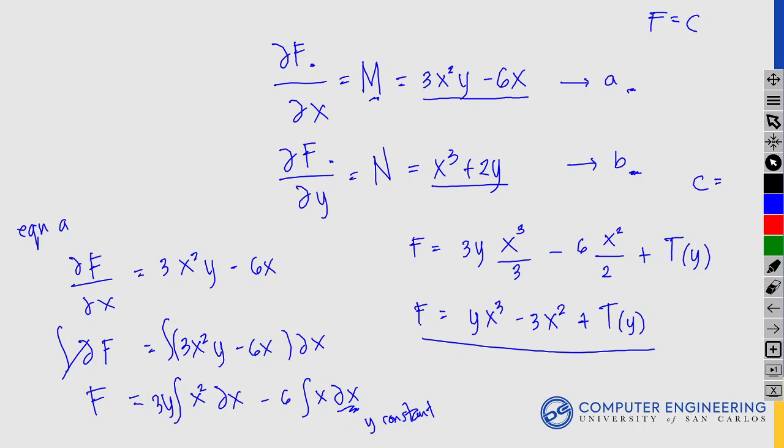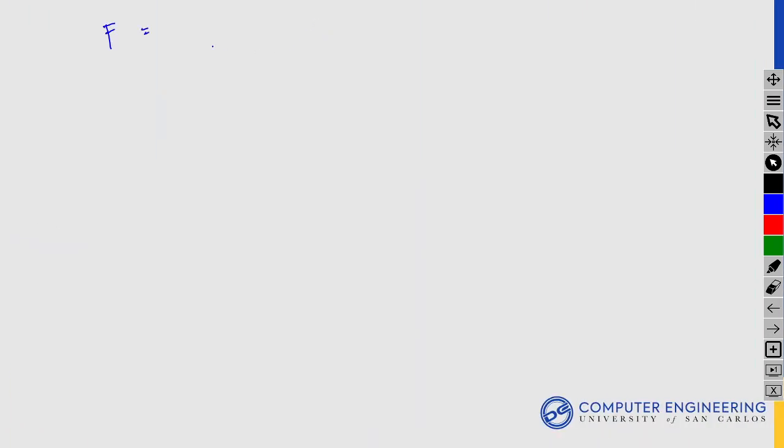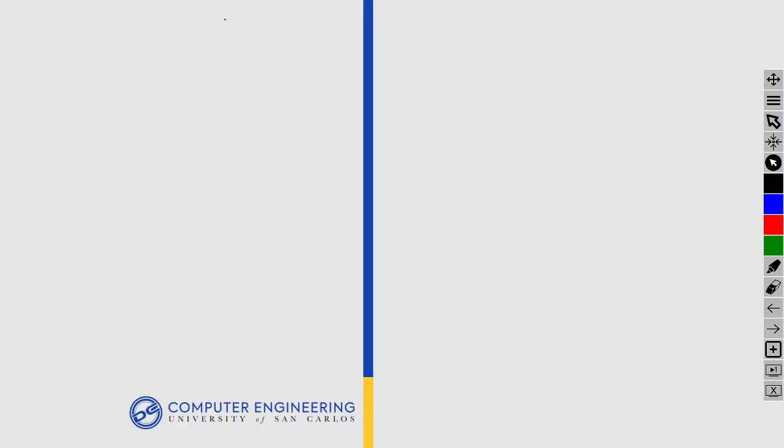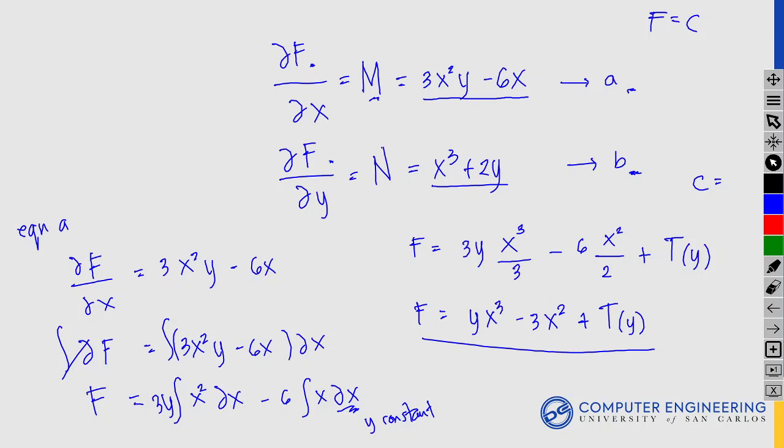So if we take the partial derivative of f, we know f as the previous equation, y x cubed minus 3x squared plus t of y. If we differentiate this again with respect to y, this should be equal to this polynomial right here.